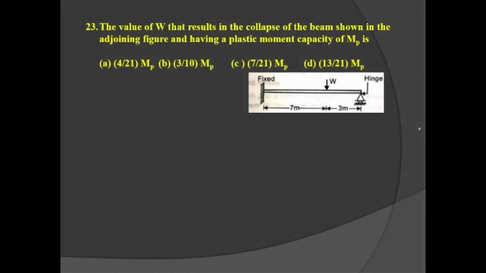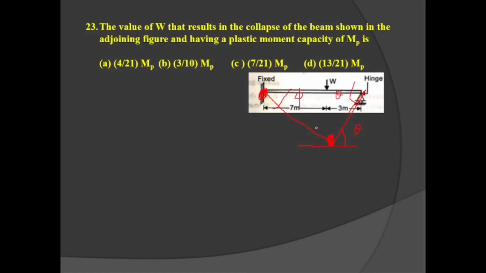Question 23. Value of W that results in collapse of the beam as shown in the figure, with a moment capacity of MP. This is the ordinary hinge, no plastic moment is required. Here the MP moment is required. So if this is theta, this will be theta.